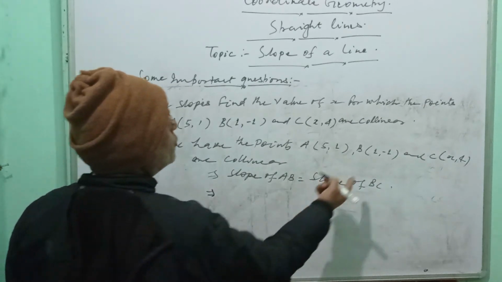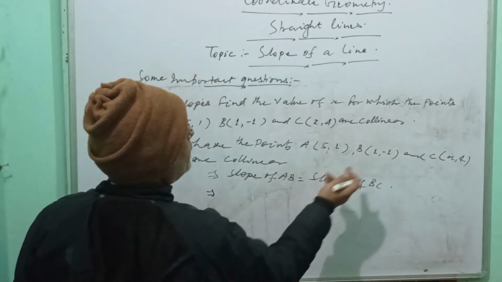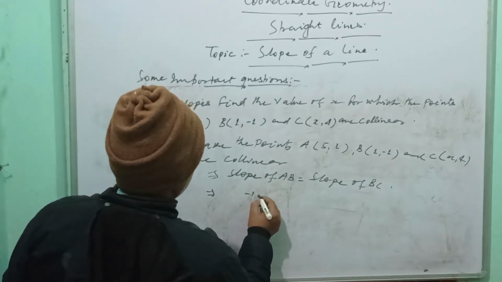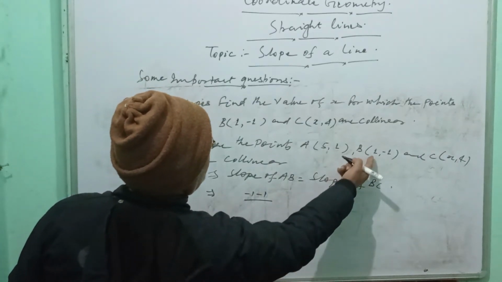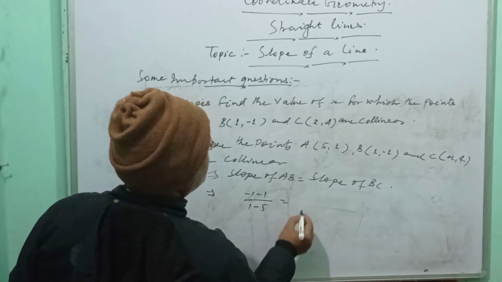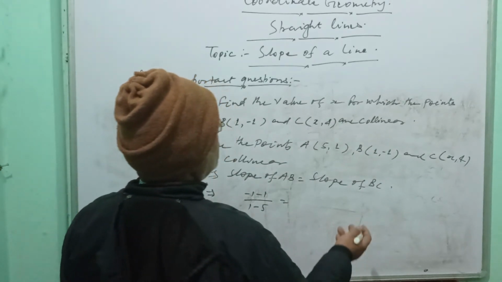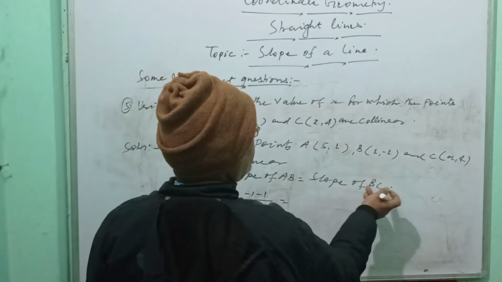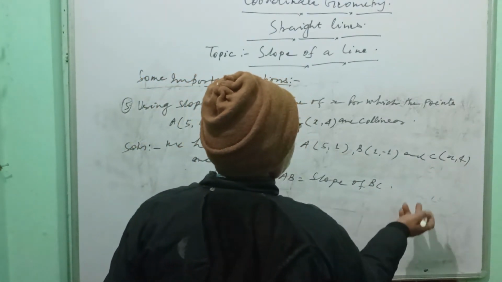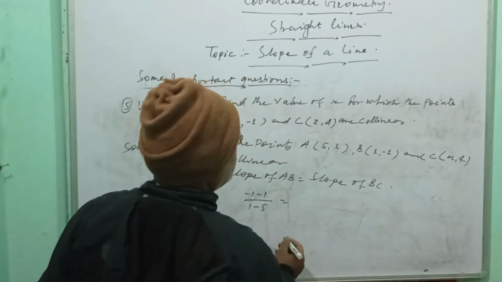This implies slope of AB, means y2 minus y1, minus 1 minus 1 by 1 minus 5, is equal to, for the line BC, the y2 is 4 and y1 is minus 1.